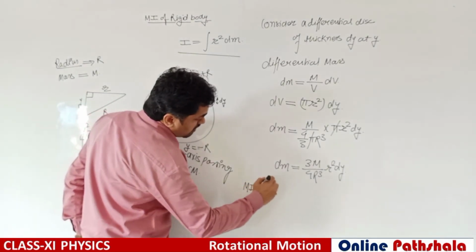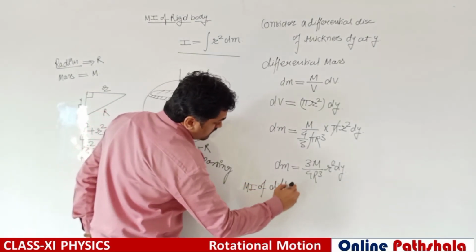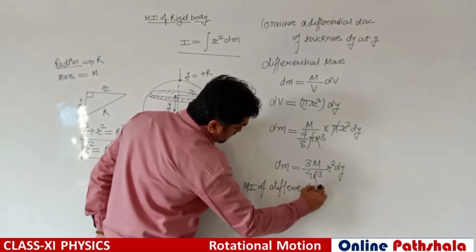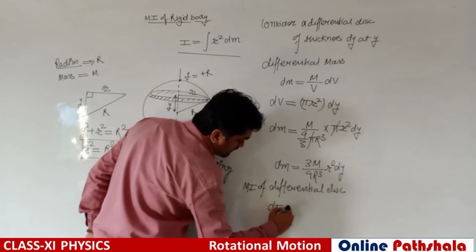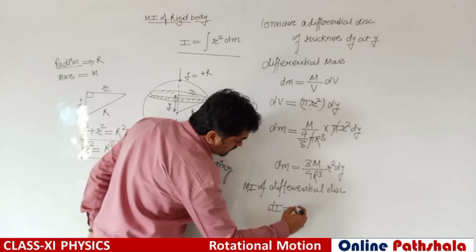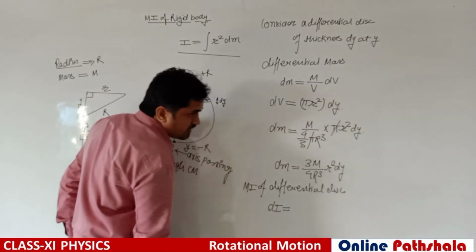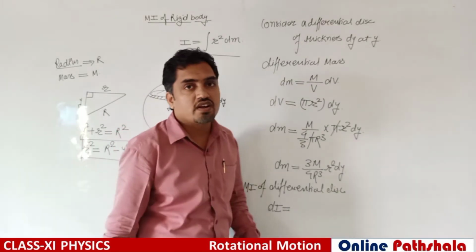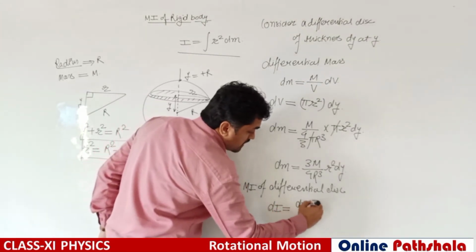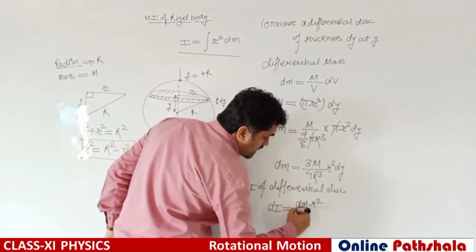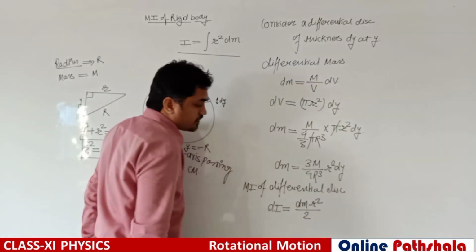Now, what is the moment of inertia of the differential disk? dI is equal to, as you know very well, the moment of inertia of a disk is m r square by 2. So the mass is dm and the radius is small r, so r square divided by 2.